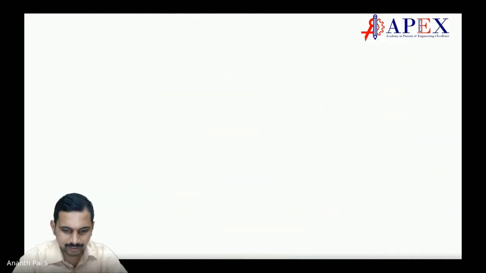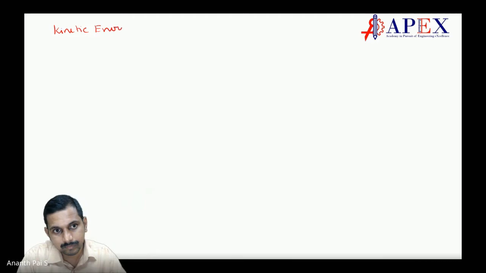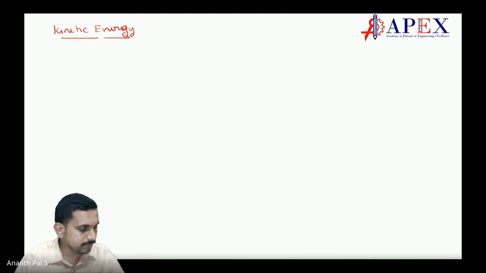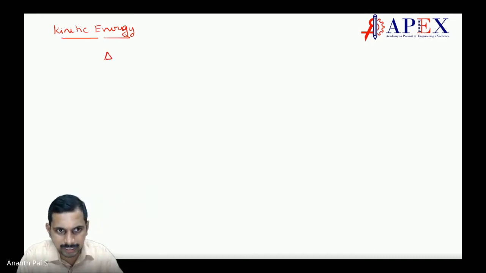Fine. Now let us go with kinetic energy. What is kinetic energy? Delta E, kinetic energy change, is nothing but the change in stored energy because of change in velocity.